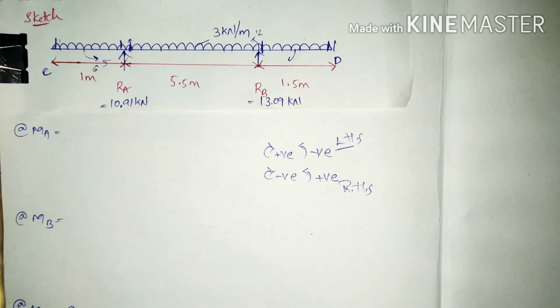If I take the moment about A from the RHS, I include RB and this UDL. If I take it from the LHS, only one UDL is included, so for the easier method I am going to take the LHS side.